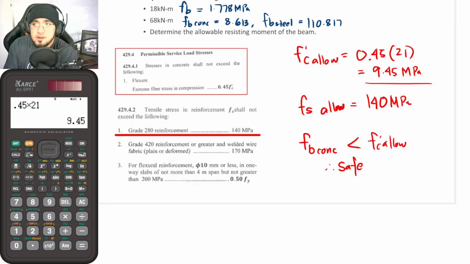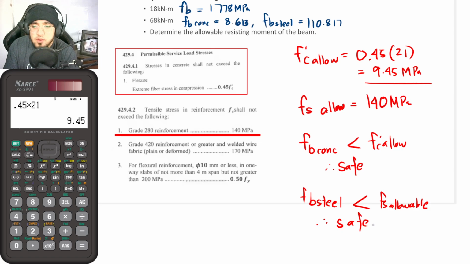And for tension, since our FB steel, which is 110.817, is less than 140 MPa, which is the Fs allowable, meaning that our section is also safe.